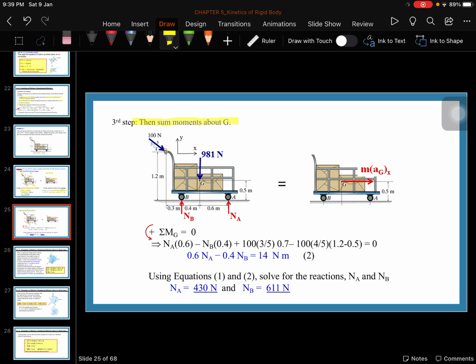So we know that the summation of MG is equal to 0. Next, find all the moments and set equal to 0.